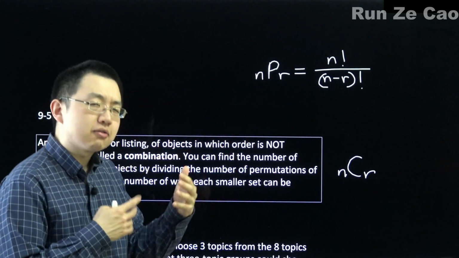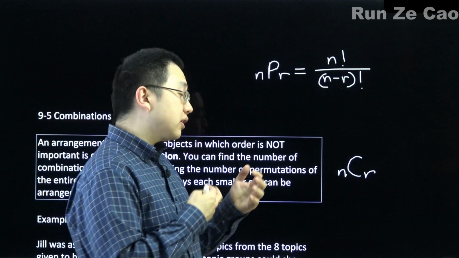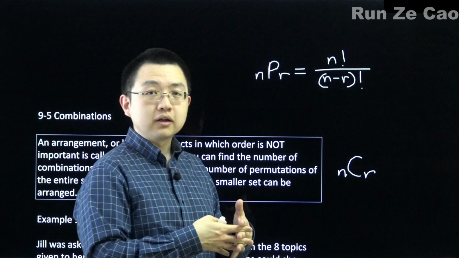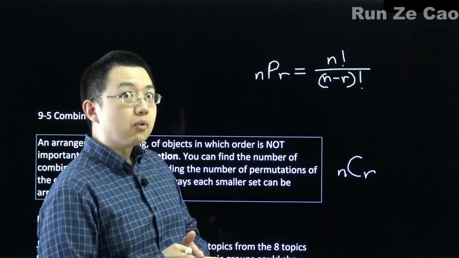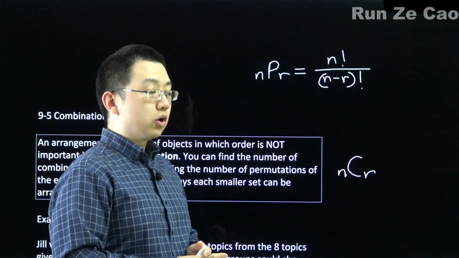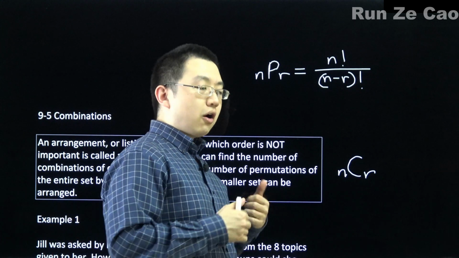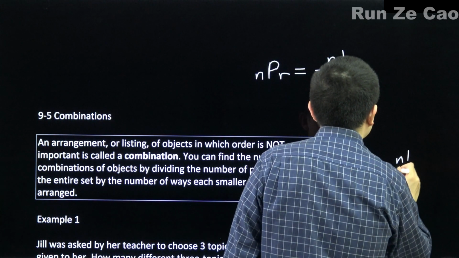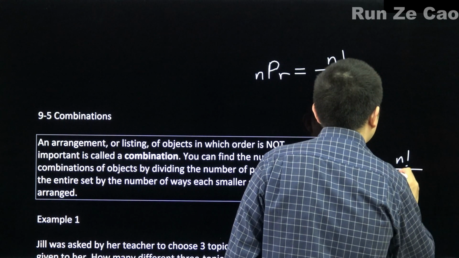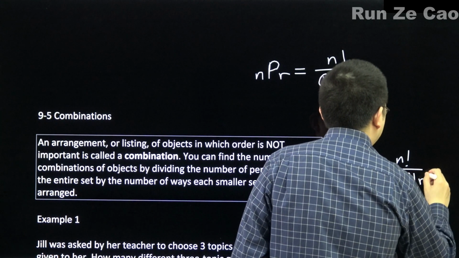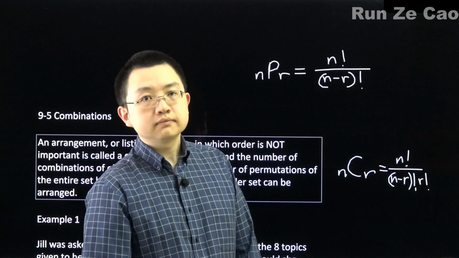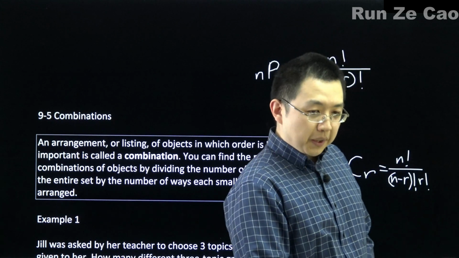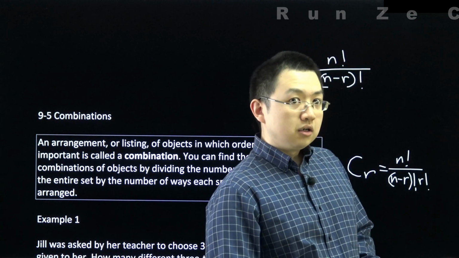There are 3 choices that could have gone first, 2 choices that could have been picked second, and 1 choice that could have been picked third. That would be 3 times 2 times 1. But we just said order didn't matter, so we have to get rid of all the different orders. That means n choose r is n factorial divided by n minus r factorial, and divided again by r factorial, because r factorial is the number of ways you could have picked r items out of r.